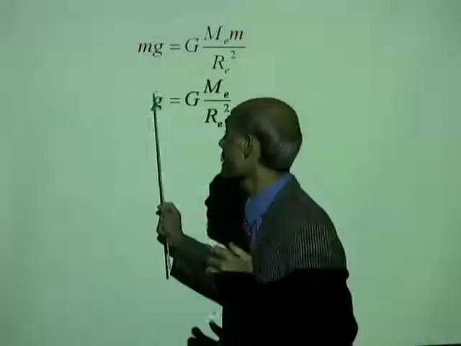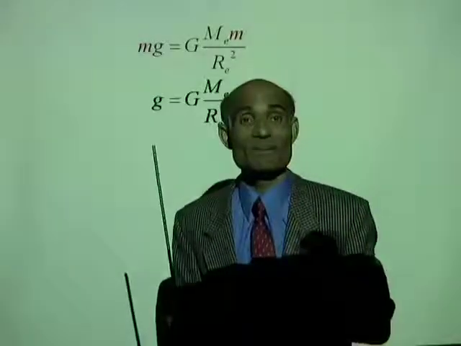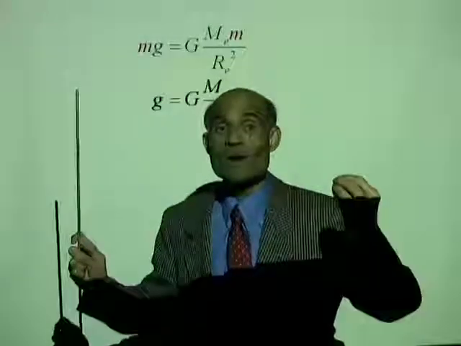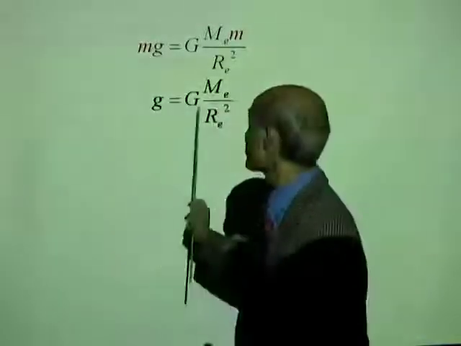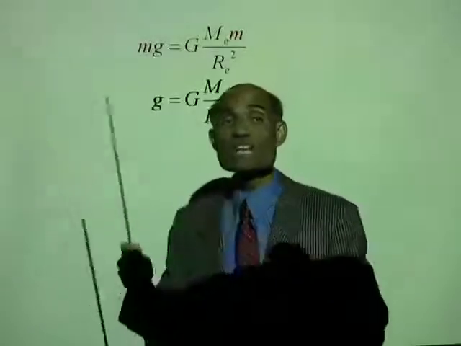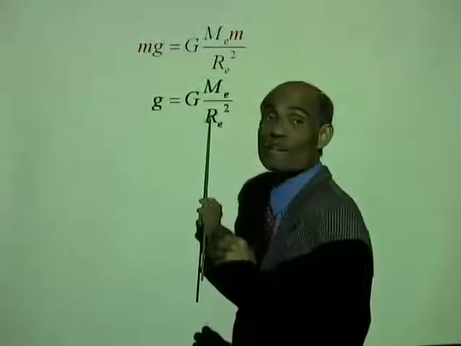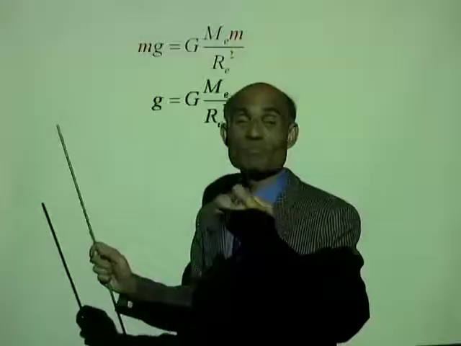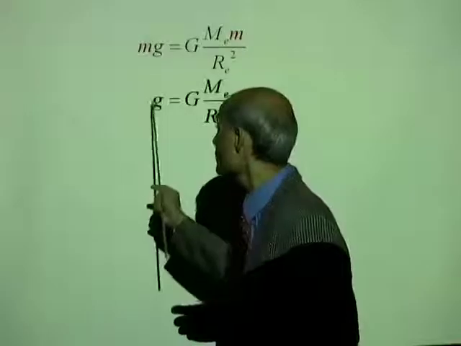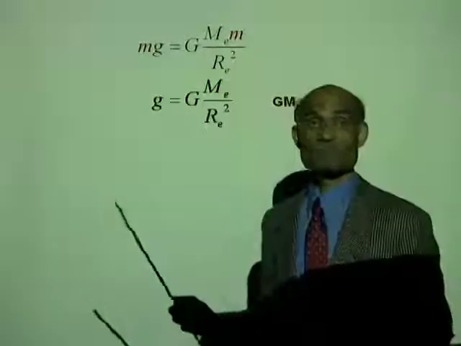So where do you have maximum value for acceleration due to gravity? The value for acceleration due to gravity is maximum at the poles, where the radius of the Earth is the least. And the value of g is the least at the equator, where the value of the radius of the Earth is maximum. And if you now go higher and higher away from the Earth, the value of g will decrease. That's right.